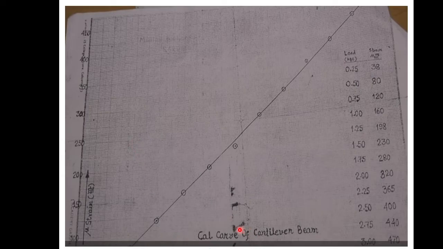Anyway, the strain gauge experiment you did earlier in another experiment, in applied mechanics. And what we get from a strain gauge? The change in resistance of the strain gauge, which ultimately is given in micro strain value, right? And that strain value we can calibrate with some load.